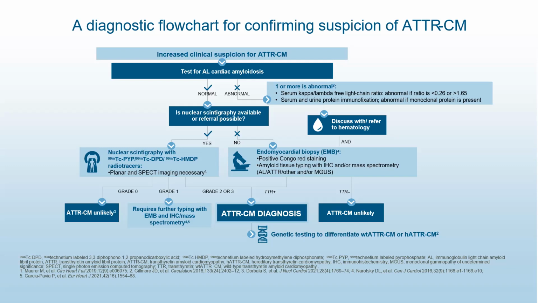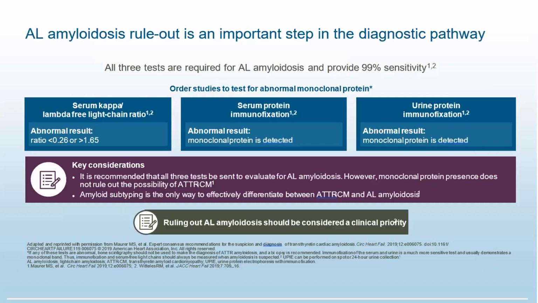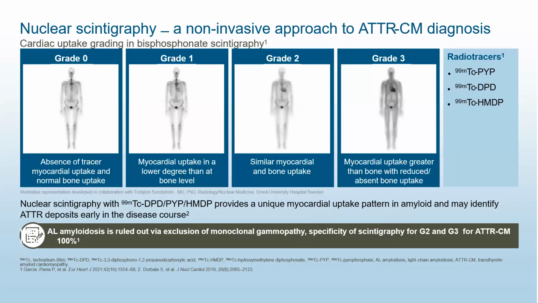So you will inject a technetium, mainly technetium pyrophosphate, diphosphonates, or whatever technetium tracer. The idea is that you will get an injection of a radio tracer, and you need to compare what is found in the bone with what is found in the heart. So you have 4 options.